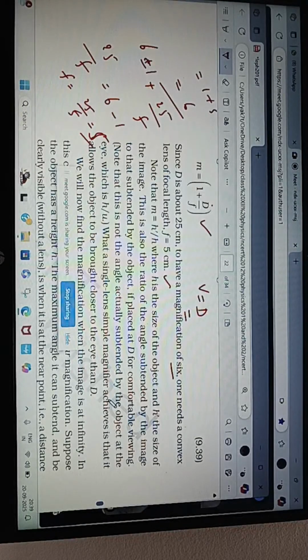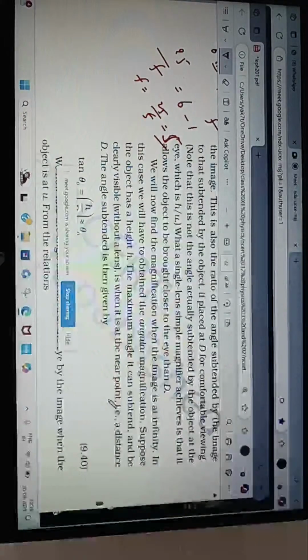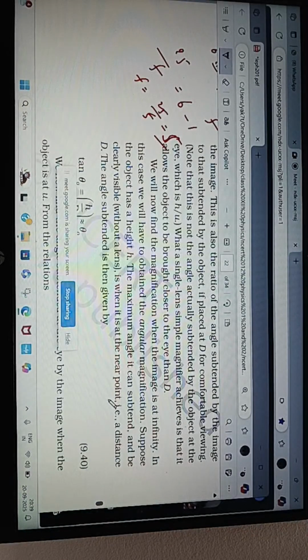If the object is at D, for comfortable viewing, what a single lens simple magnifier achieves is that it allows the object to be brought closer to the eye than D. We will now find the magnification when the image is at infinity.